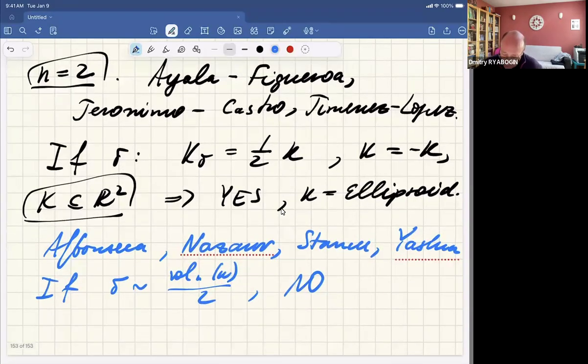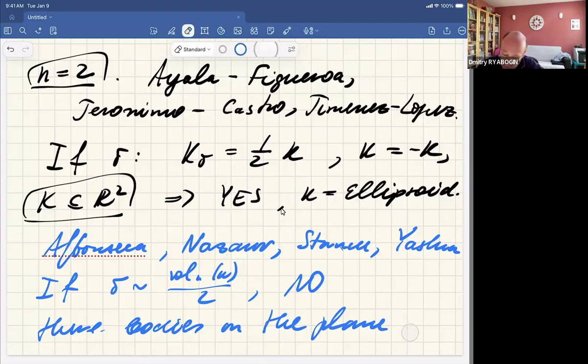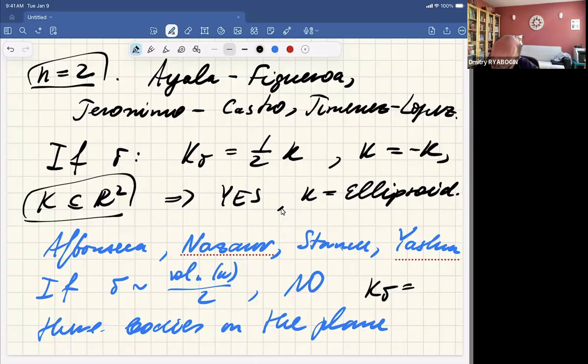So there are bodies on the plane that satisfy this condition for some lambda, maybe not necessarily with this coefficient, but they are not ellipses. And this is again only on the plane.